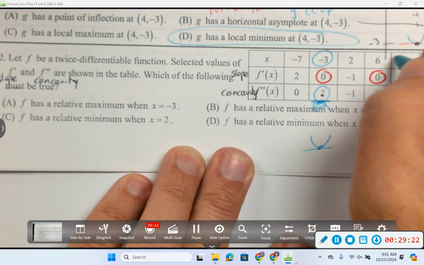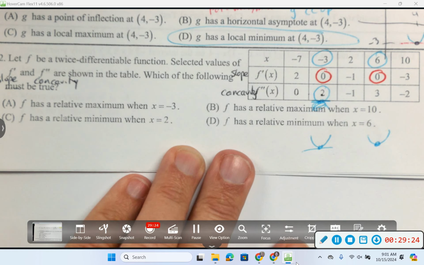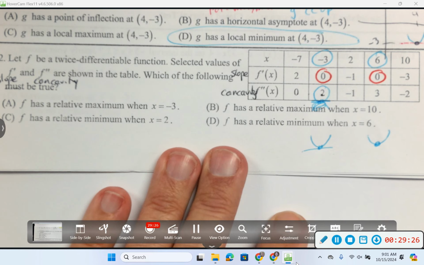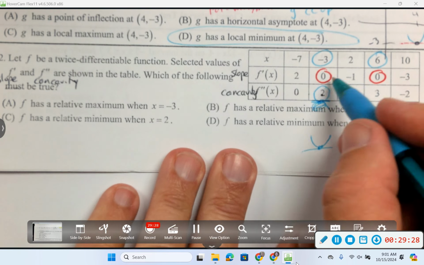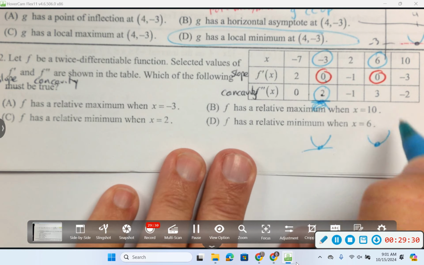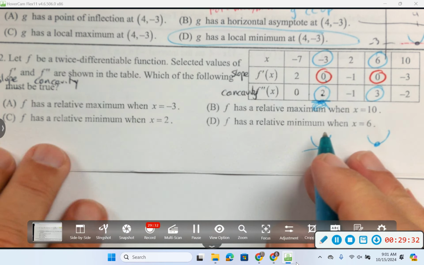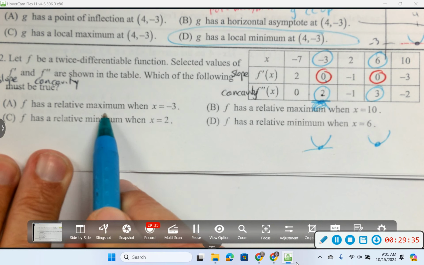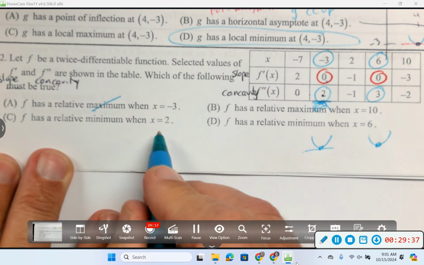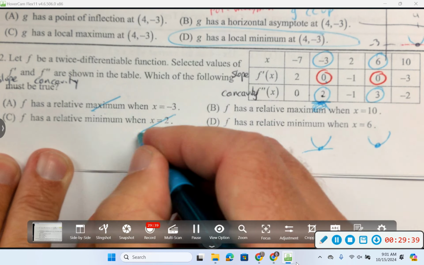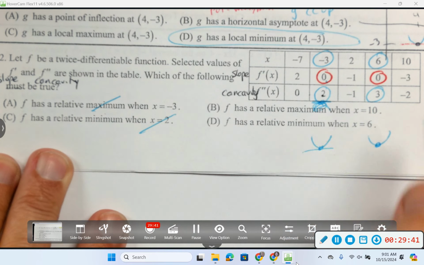So there's a minimum at negative 3 and at 6. And I don't think I can make any other conclusions. I have to have a slope of 0 and a concavity, and then I can make some conclusions. Relative max? No, I've got relative mins. Relative min at 2, that's not true. Relative min at 6, that one's true.